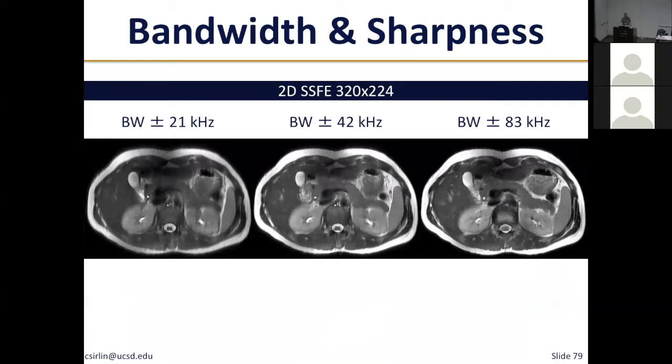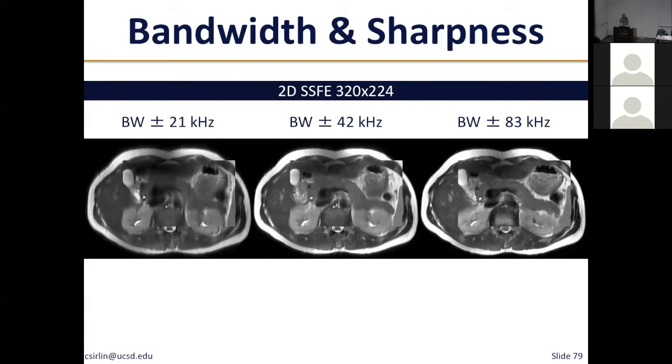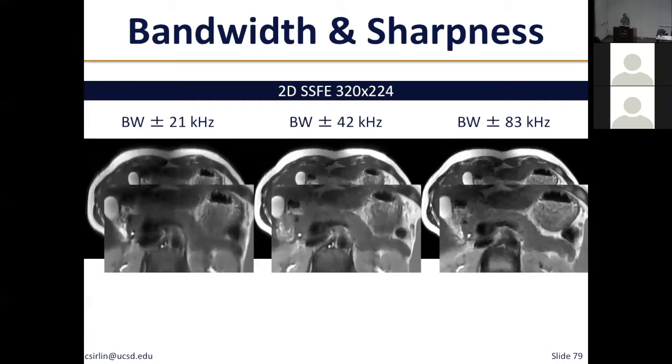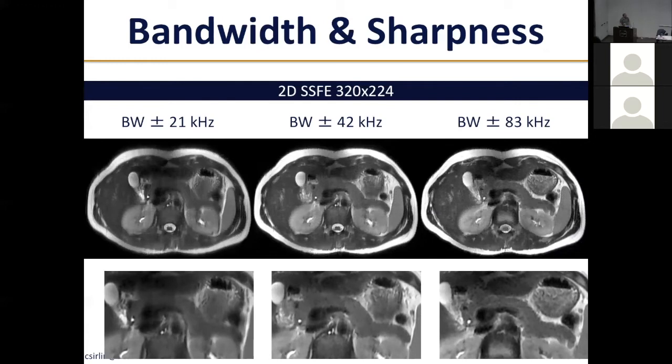Well, this is why you might want to use a high bandwidth. Here's a T2 weighted sequence, bandwidth 21, 42, and 83. What I want you to ask yourselves is, which image is the sharpest? Let me magnify the pancreas a little bit, and you can ask yourself, in which image is the interface between the pancreas and the surrounding fat the sharpest?